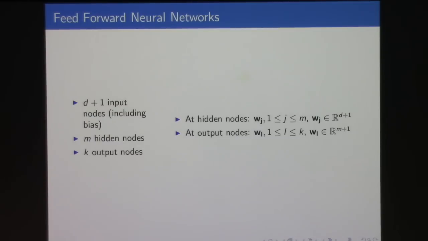The process of learning is very similar to perceptron learning. You assume some initial values for all of these weight vectors. Then you take your data and it goes forward, and you compute your objective function based on the output you found and the actual true labels.